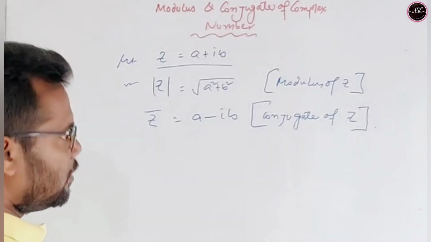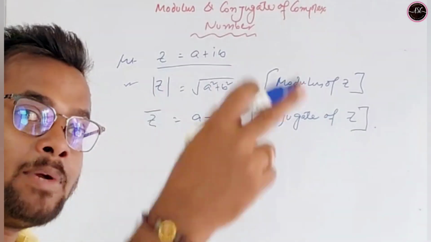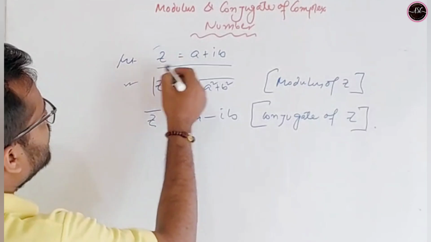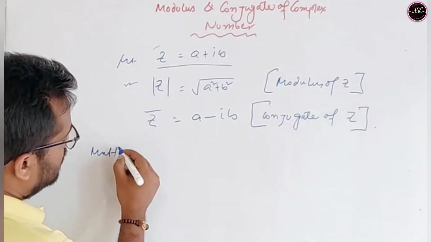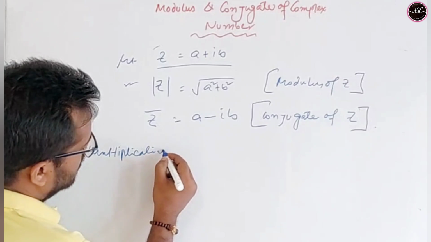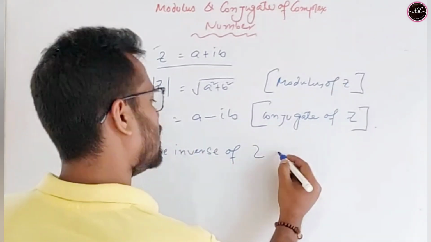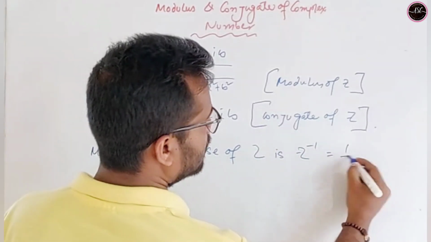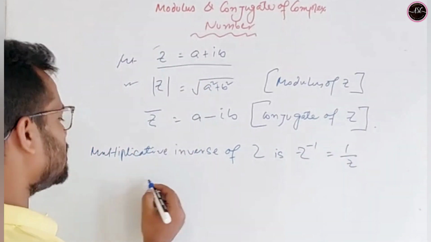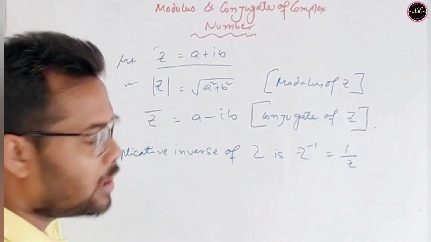So now here we will learn the formula of multiplicative inverse. Here Z equals a plus ib. So the multiplicative inverse will be Z inverse, that means 1 by Z. So if there is a question, just find the multiplicative inverse of Z. Just apply this.